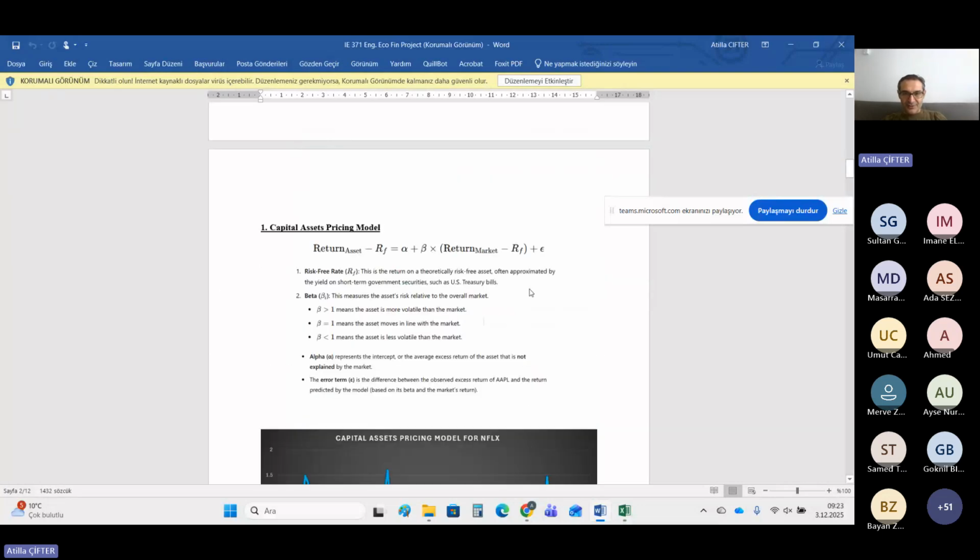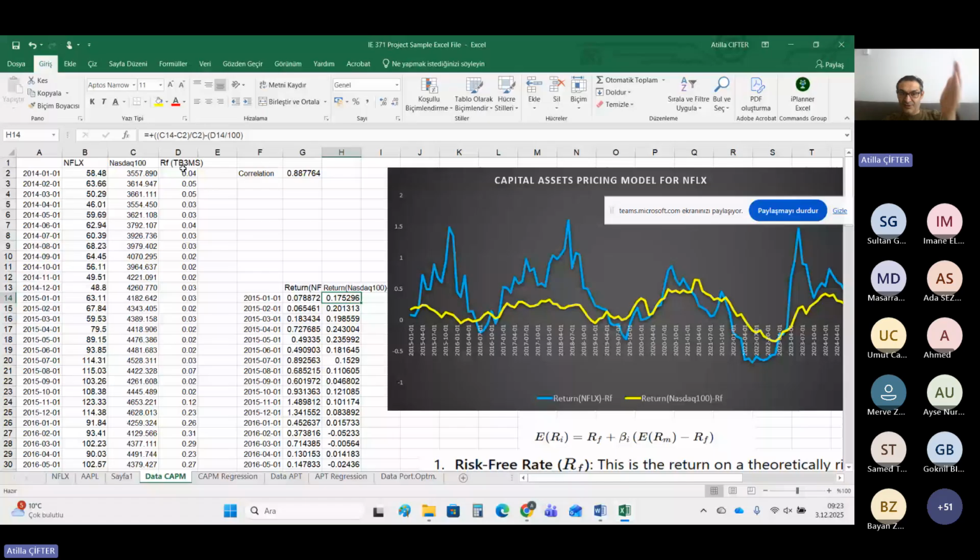So what you need here, as you can see, you need market return. I will send a separate file and we will paste it. You also need to have updated risk-free rate here. I will also update this risk-free rate and send you today. Okay, both risk-free rate and Nasdaq return.